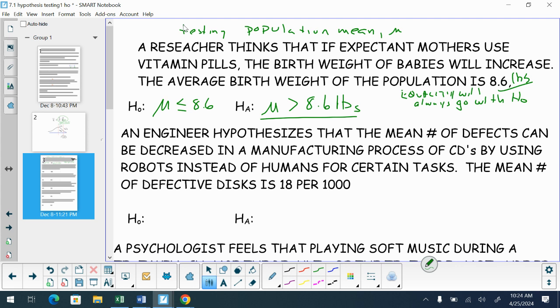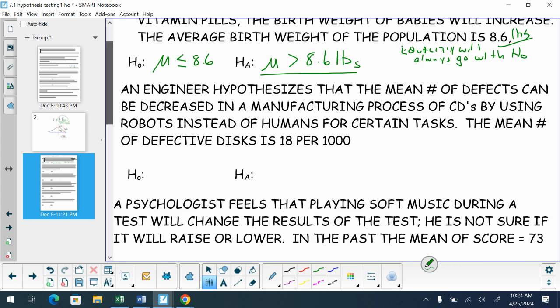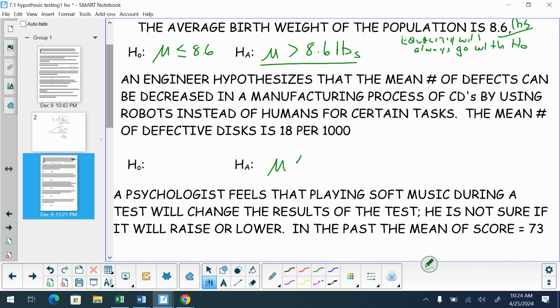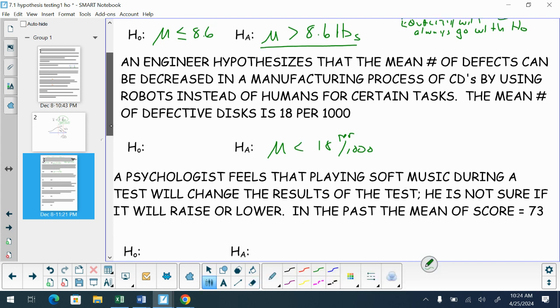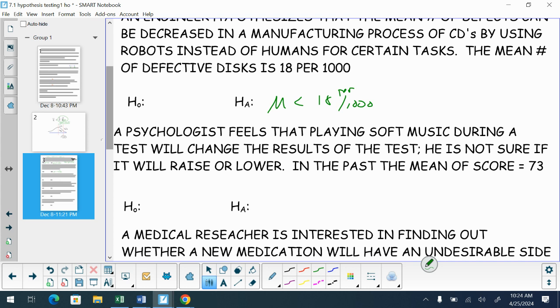What does he hope is true? Mu is going to be what? Less than. What he hopes is true, what he is hypothesizing, is mu is going to be less than 18 per 1,000. Oops, less than. My bad. Null hypothesis, what's opposite to less than? Greater than or equal to.